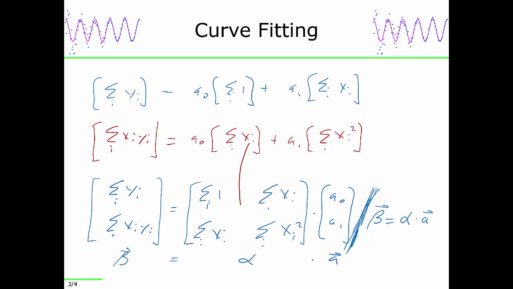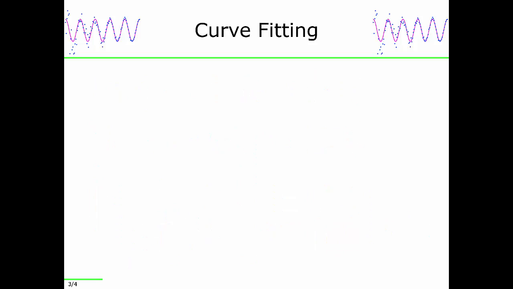The simple answer is that you left multiply both sides by alpha inverse, and use the determinant in order to do that. So we have beta equals alpha A. Alpha negative 1 times beta equals alpha negative 1 times alpha times A equals A.